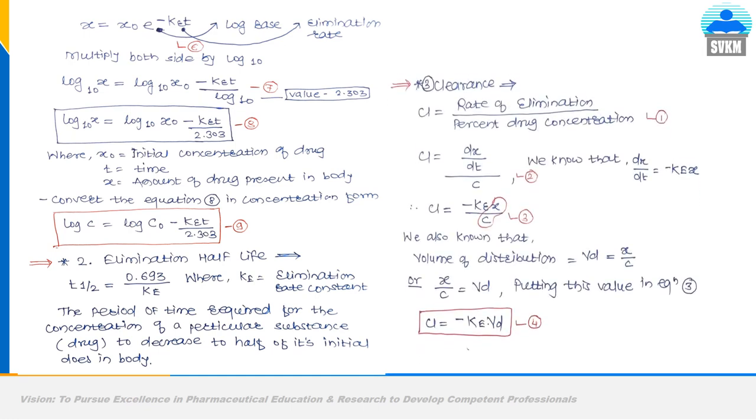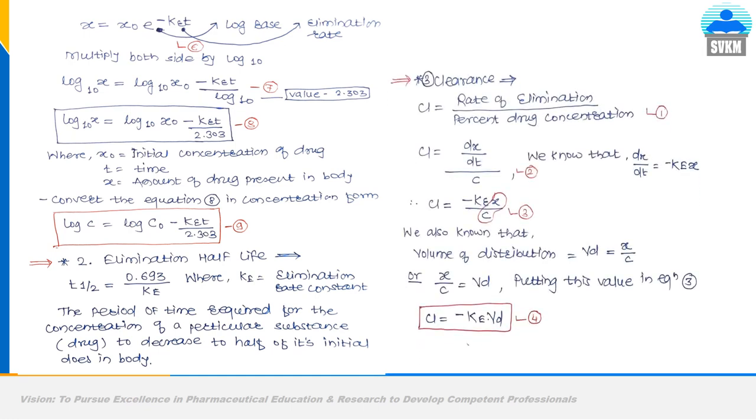Now the third parameter, that is clearance. We already discussed clearance during renal clearance, non-renal clearance and so on. So there is one formula for clearance. Clearance is equal to the rate of elimination upon plasma drug concentration, that is the concentration of drug present in blood.